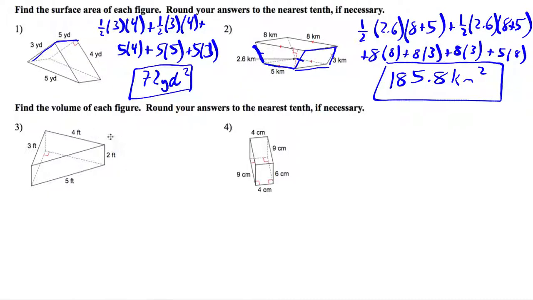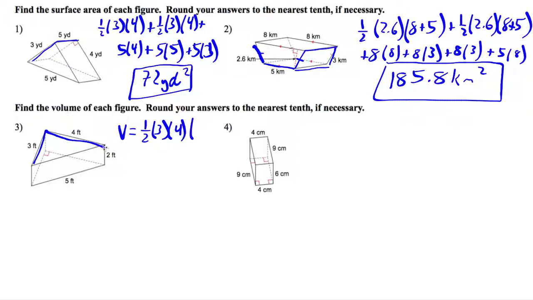That's it. Now for volume, remember we said it's the area of the base times the height. So this is a triangular prism, so the base is the triangle. The volume is going to be 1/2 the base of the triangle, which is 3, times the height, which is 4.